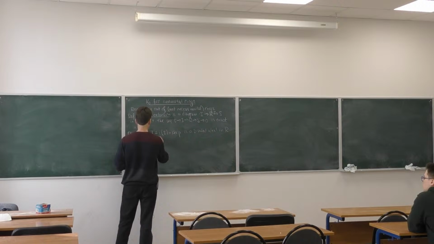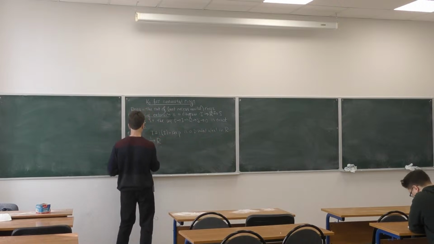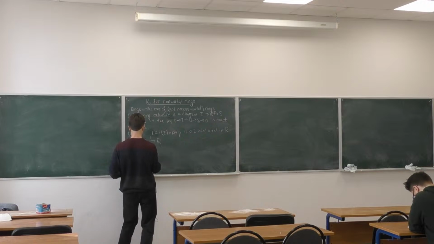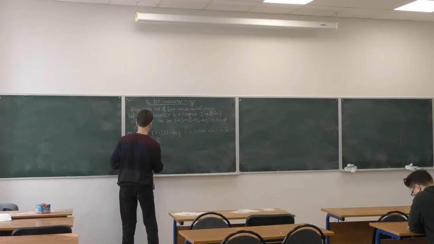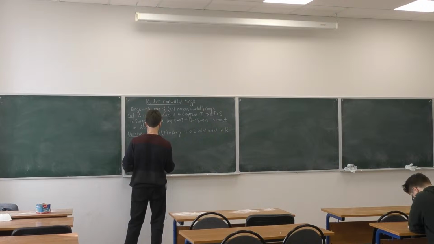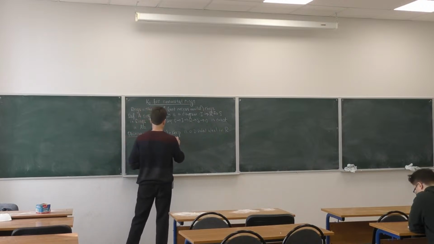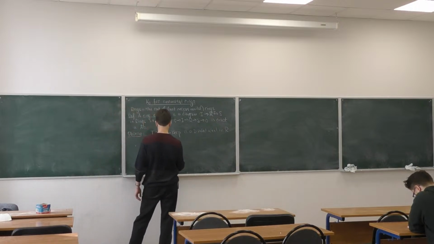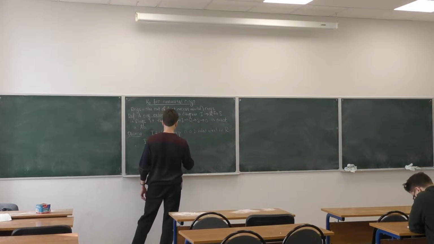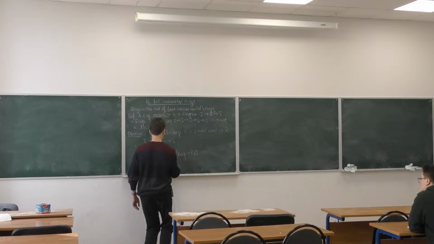So this is I. It can be identified with little i of I, its image under this map little i. Here we have the embedding into R. And here we can take the quotient of R modulo the kernel of p, that is modulo I. And here we have a quotient map.